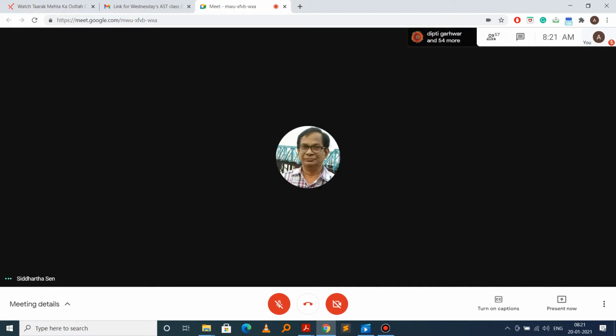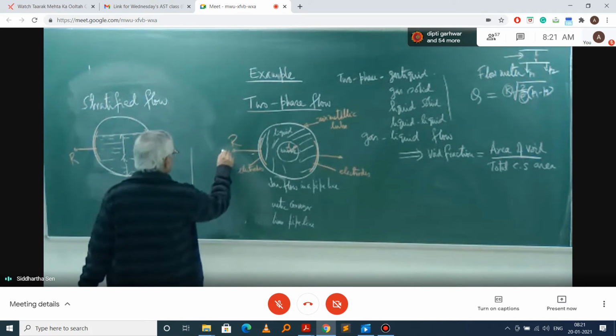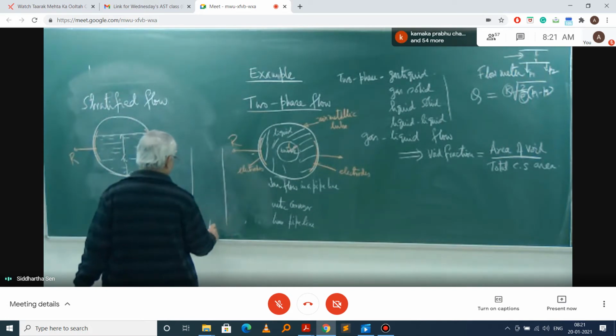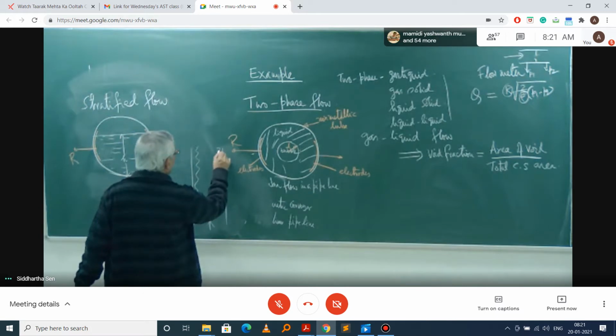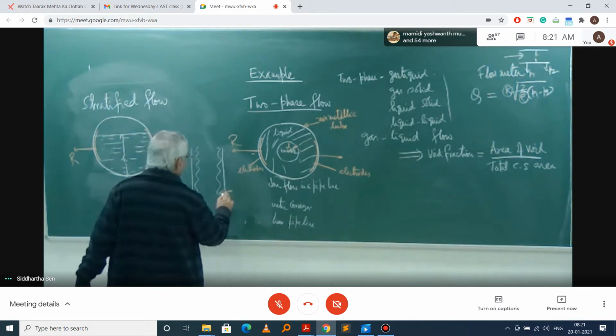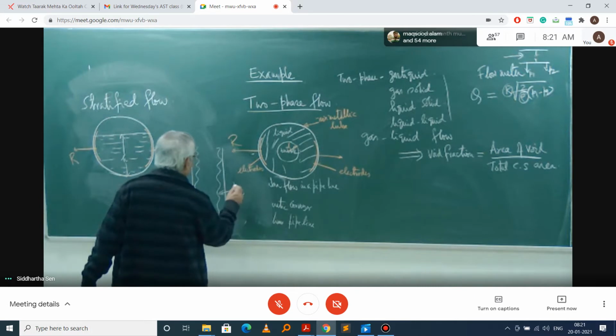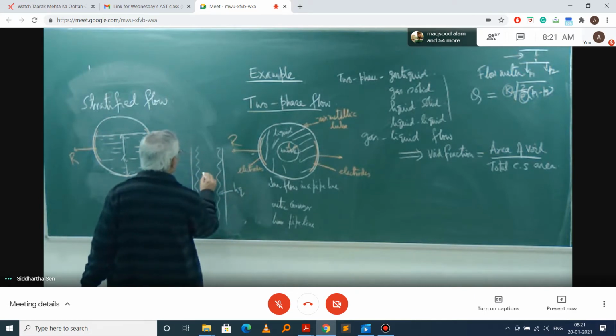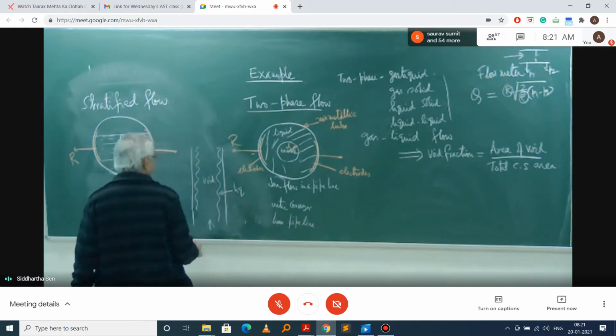Actually, if we look at it, the bubbles, if we just in a tube there, say suppose we first put the water, this is your liquid, and this is your void there. There are several possible configurations there.